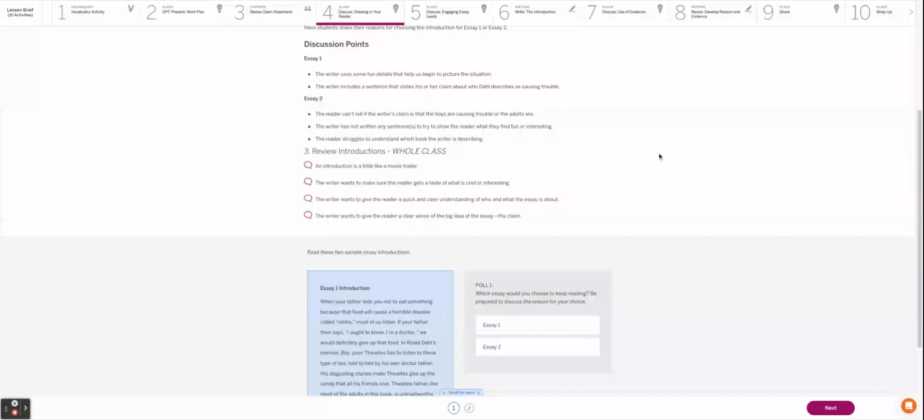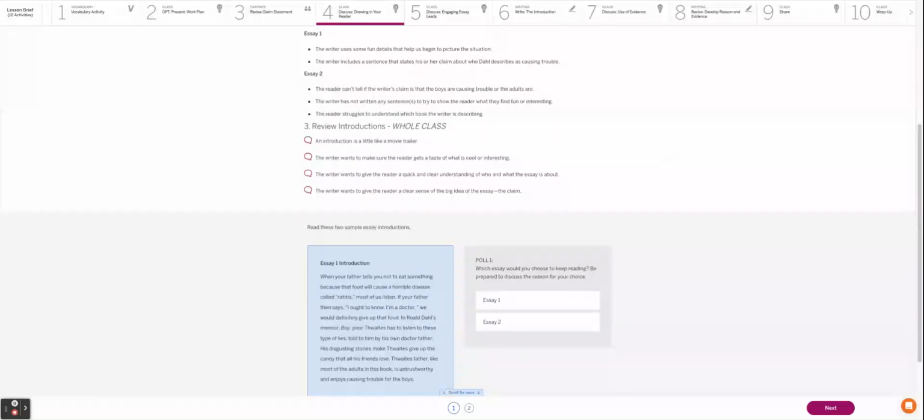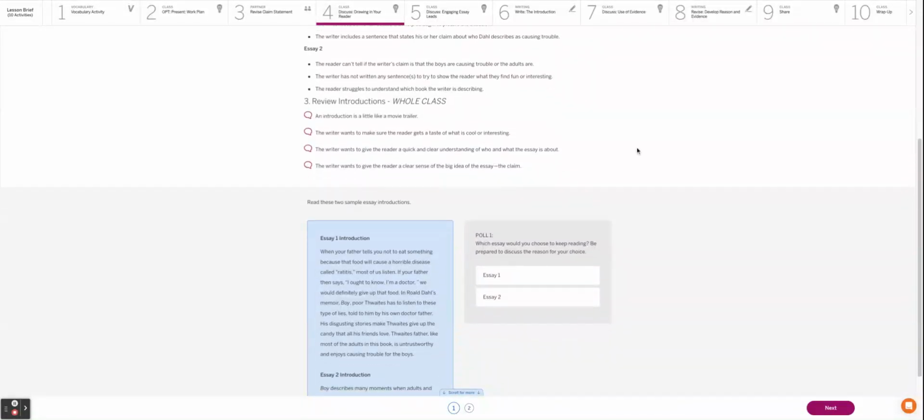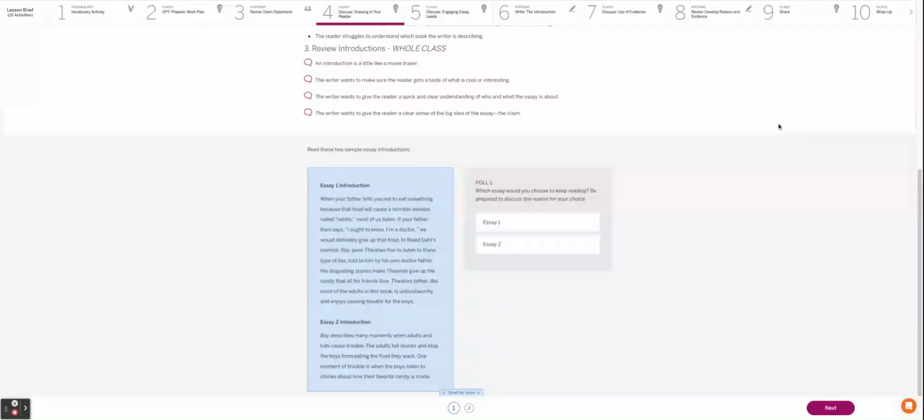A sentence that really stands out, it could be maybe something that Dahl wrote that is evidence of the boys causing trouble or the adults causing trouble. You could write your introduction almost like it was a movie trailer where you're really painting this picture of what is to come.